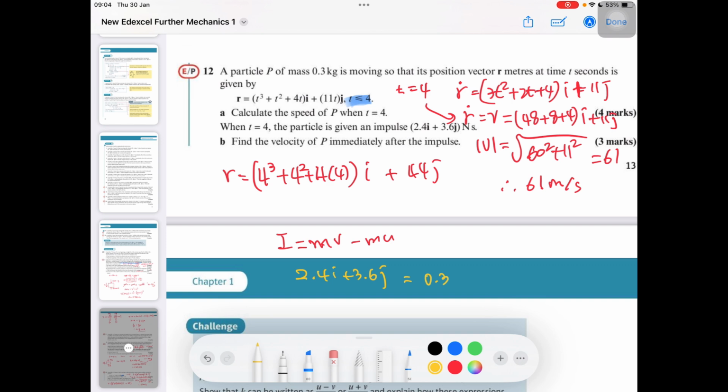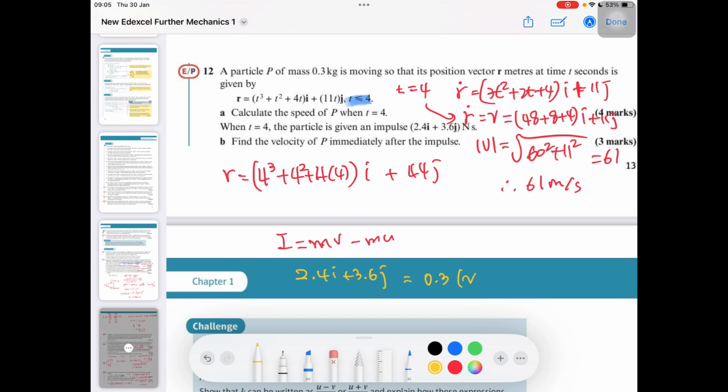But now it affects. So 60i plus 11j is the initial velocity, because when it arrived, there was another condition with this impulse.